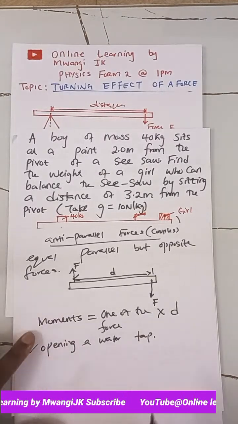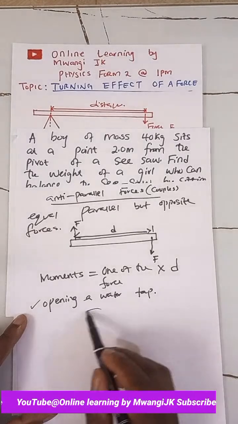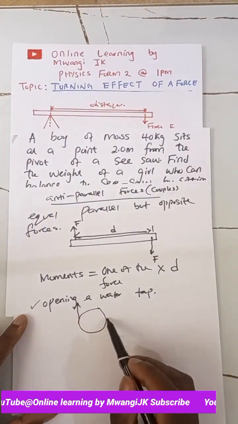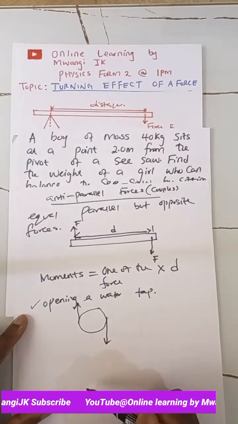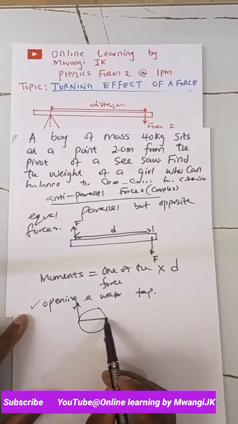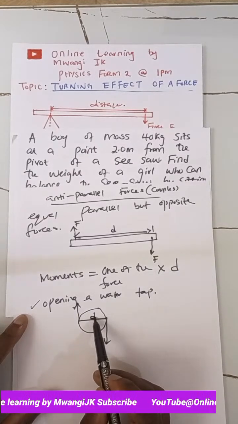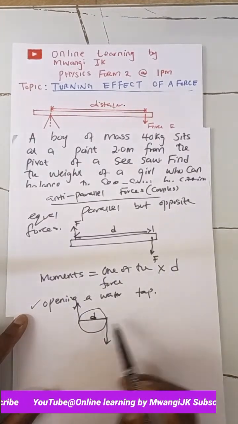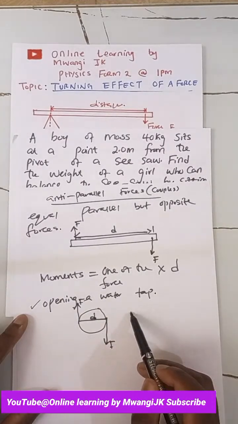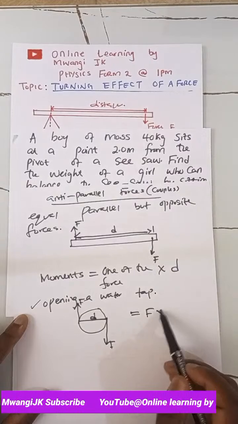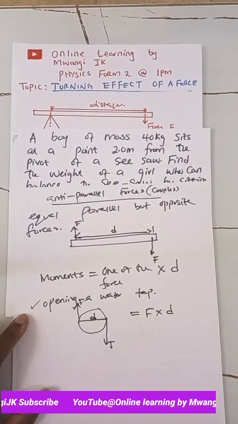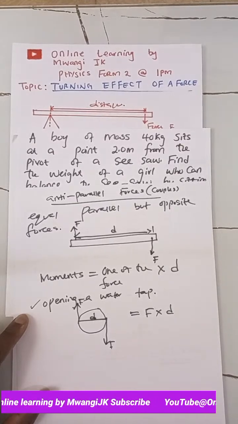So you apply a force in this direction and another in this direction for the wheel to turn, and the separating distance for that case is the diameter. So the moment will be one of the forces times the distance, which is the diameter of that wheel.